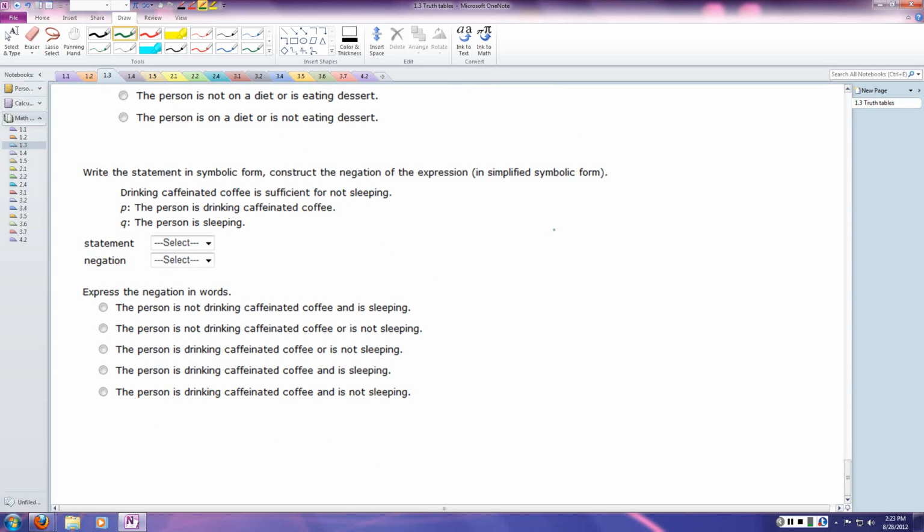Let's look at another one using sufficient in this case. So sufficient tells me the order's the same. So drinking caffeinated coffee, that's represented by P, is sufficient for not sleeping, so not Q. So negating P implies not Q would be P and Q. So this is very similar to the previous one.